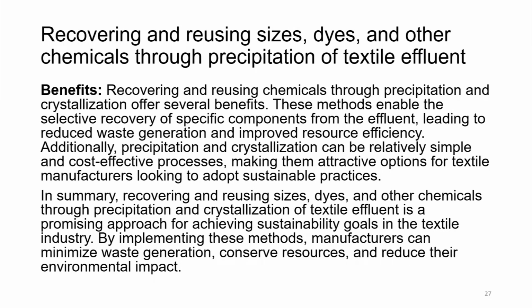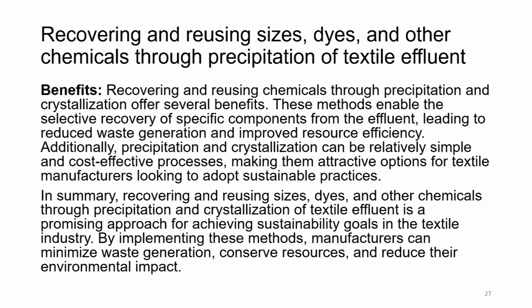Additionally, precipitation and crystallization can be relatively simple, cost-effective processes, making them an attractive option for textile manufacturers looking to adopt sustainable practices. So, it is within sustainable practices that these are incorporated.